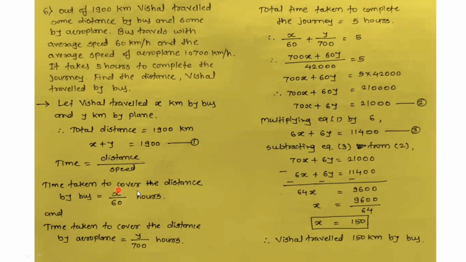Similarly, the time taken by the aeroplane is y divided by 700, because the speed of the aeroplane is 700. So y divided by 700 is the time taken by the aeroplane, and x divided by 60 is the time taken by the bus.